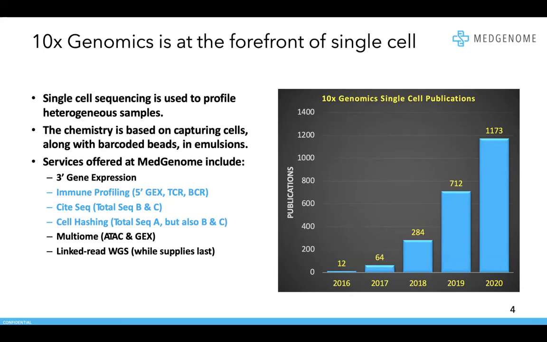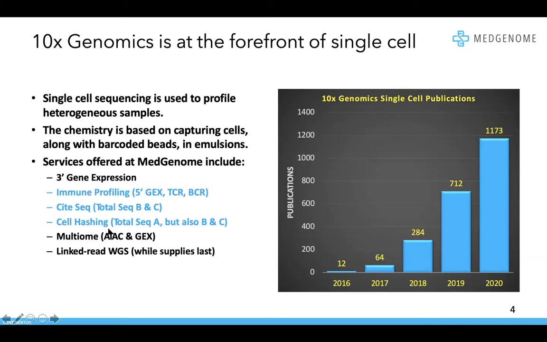The chemistry is based on capturing cells in emulsions along with barcoded beads. For RNA assays, which is mostly what we do, the RNA gets reverse transcribed. The cDNA then gets a unique cell barcode and UMI added to the sequence and gets amplified and converted to a library.